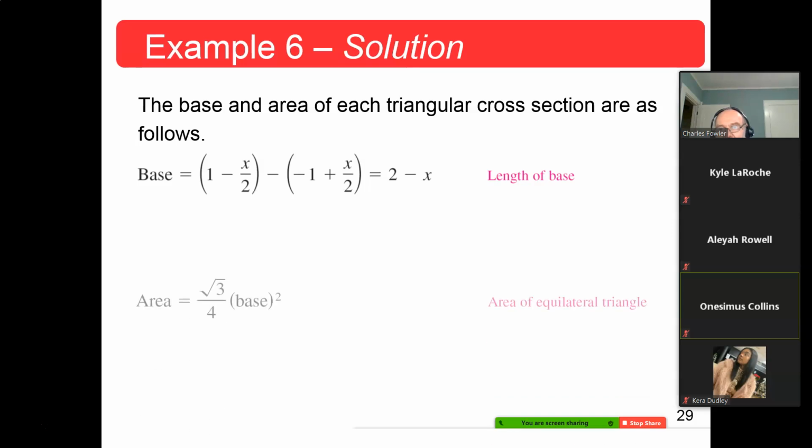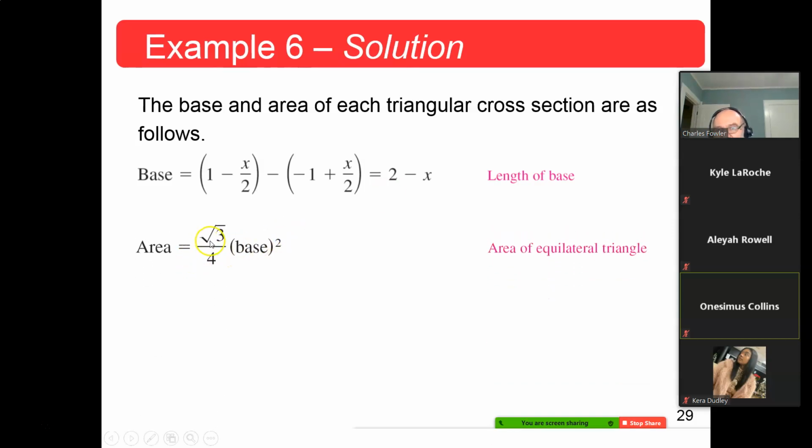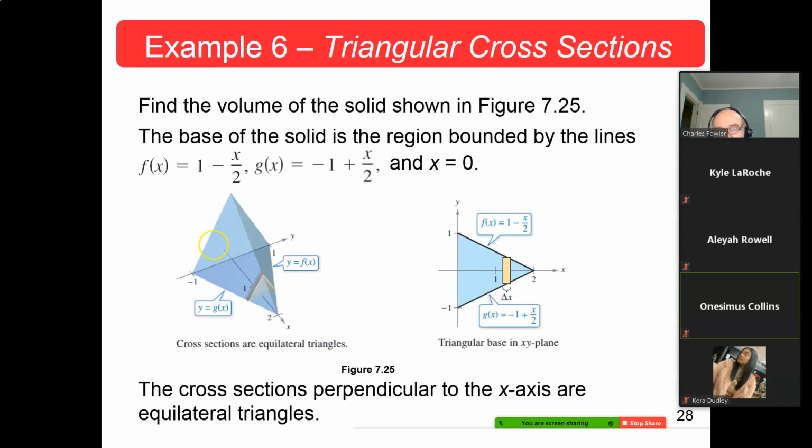Now, the area is 1/2 the base times the height. And like I said before, and they sort of left this off here, your equilateral triangle, this side here is 1/2 the length of that base.